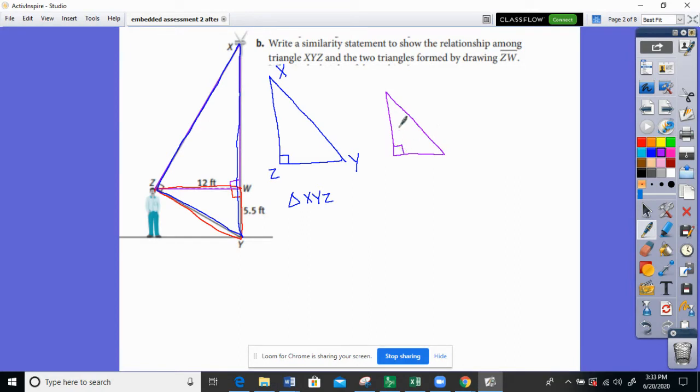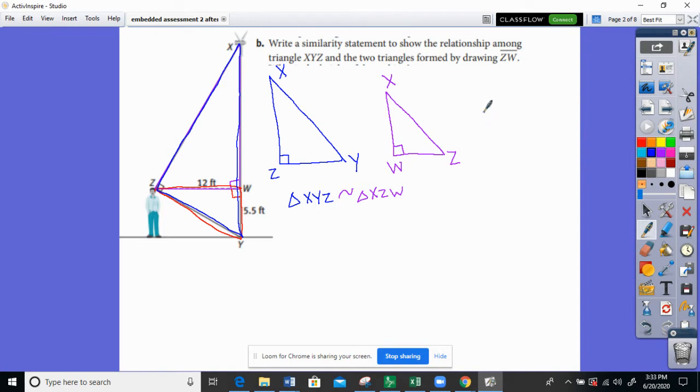At the top we have point X. The vertex on the other end of the hypotenuse is point Z. The vertex of the right angle is point W. So since for the blue triangle we did the point at the top and then the other end of the hypotenuse and then the right angle, triangle XYZ, for the purple triangle, we're going to do triangle XZW.